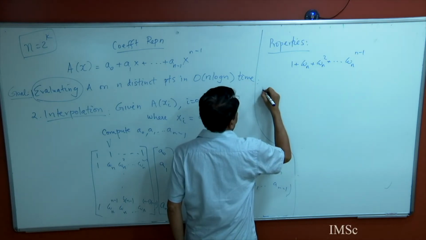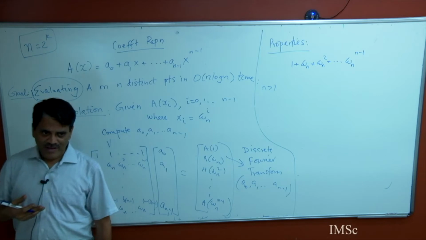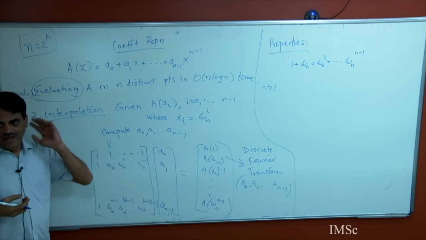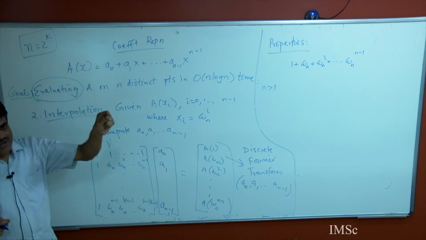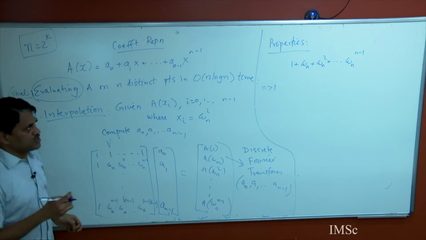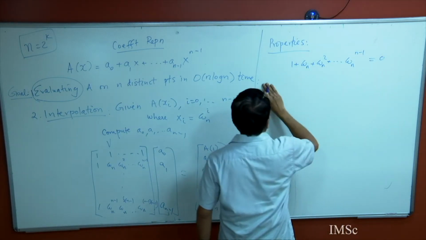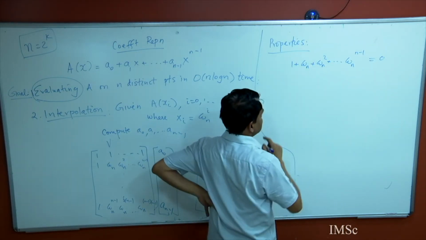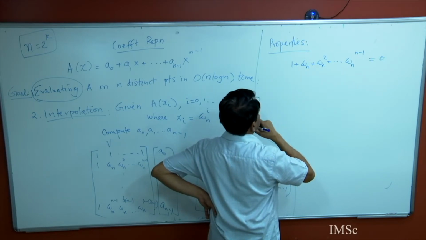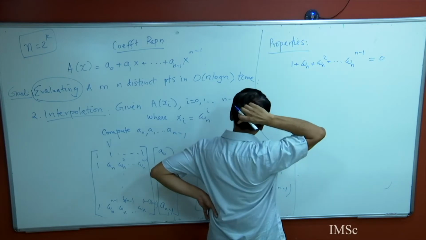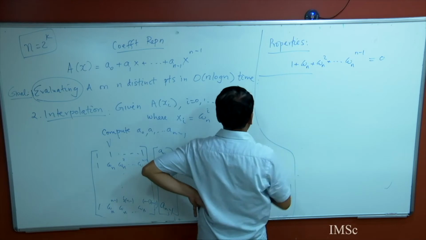This is a geometric series. So sum them up, what do you get? Omega_n to the power n minus 1 divided by omega_n minus 1, so this is 0. This is useful to know, and it will come in handy.